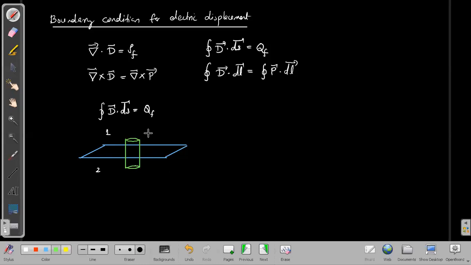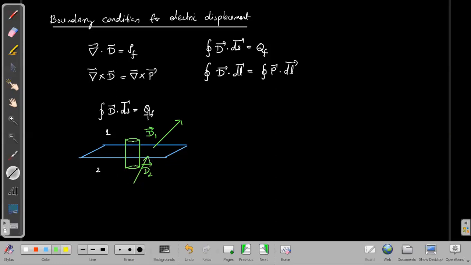Here I can write the electric displacement as D1 and D2. I don't know the direction of D1 and D2. In general, D1 may be along this direction, D2 may be along this direction, whatever it may be.